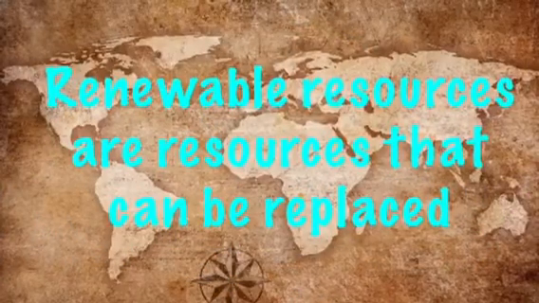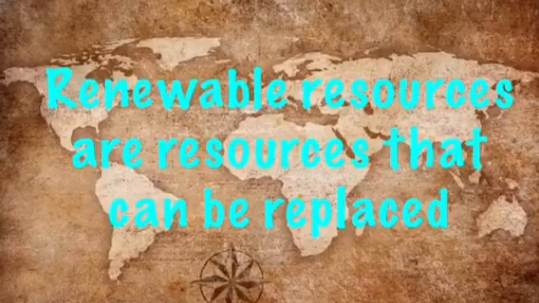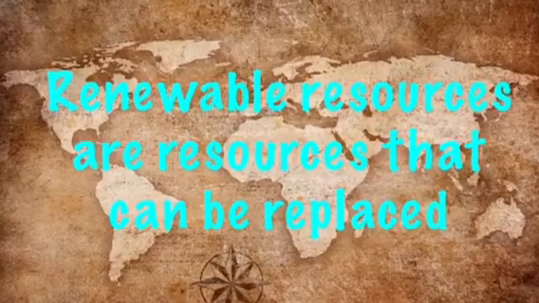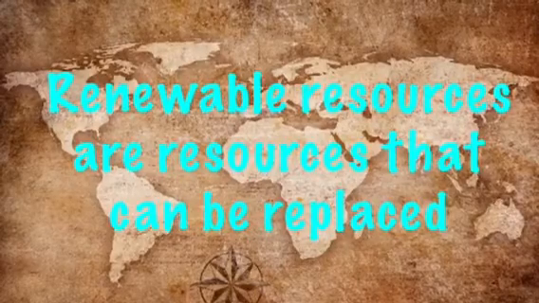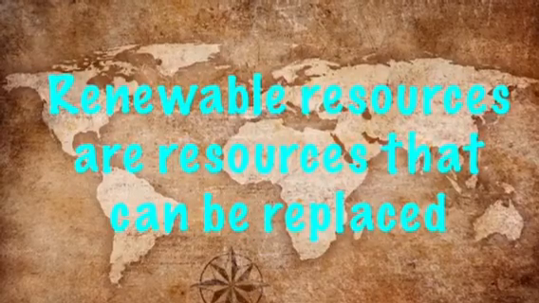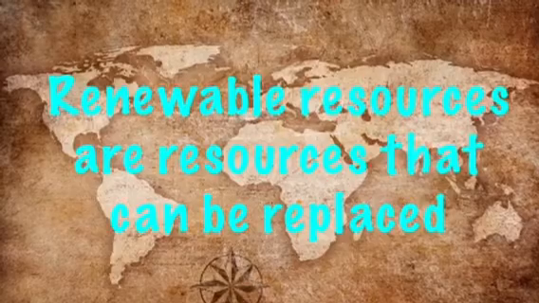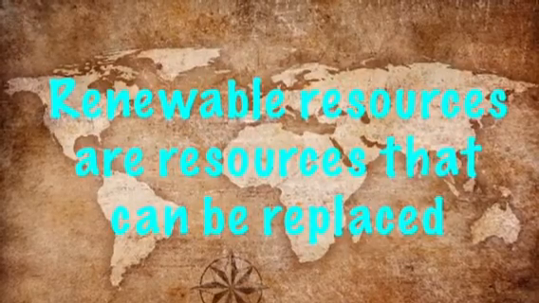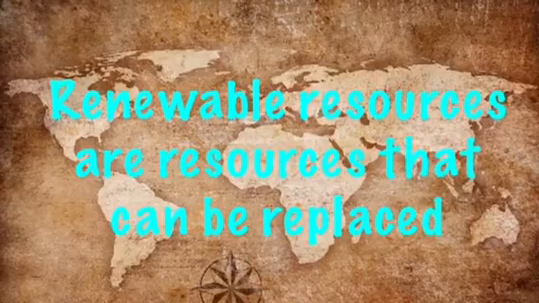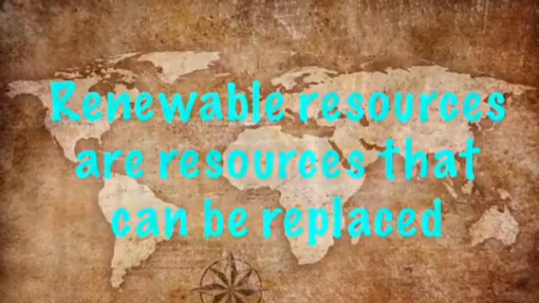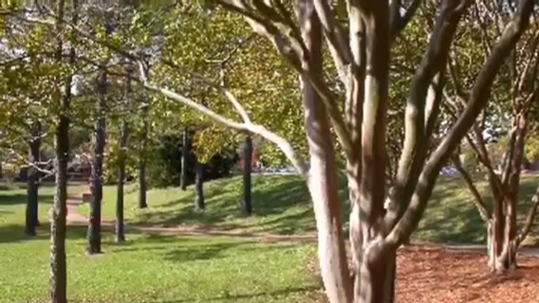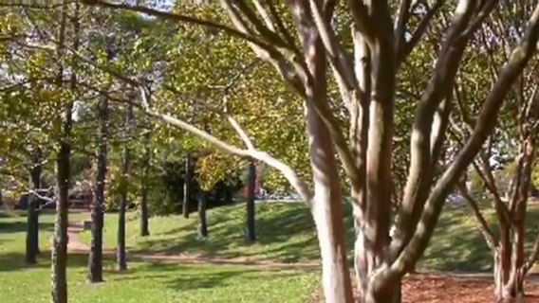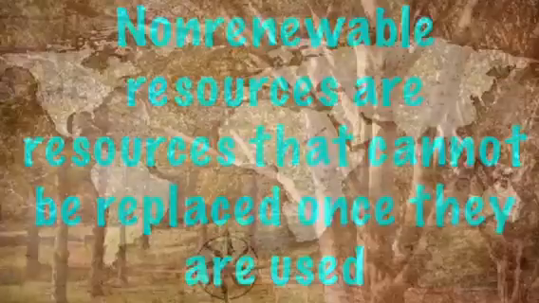Renewable resources are resources that can be replaced. An example of this would be a tree. You can chop a tree down, but then you can plant a new tree to replace it.